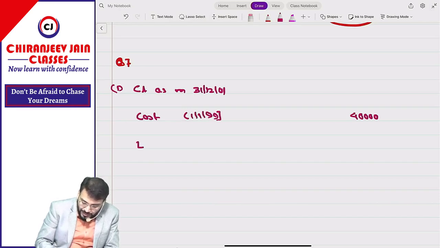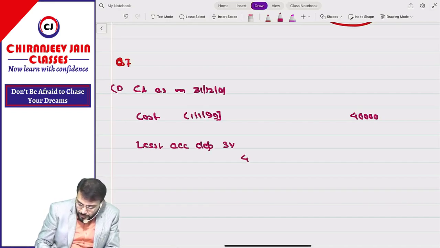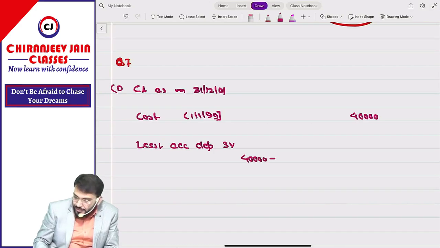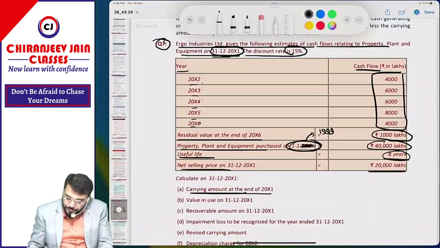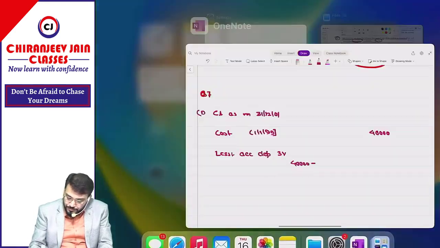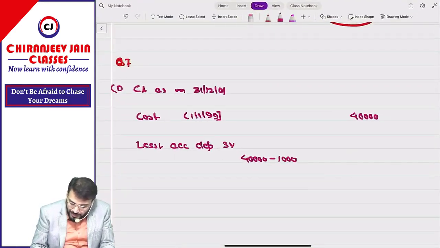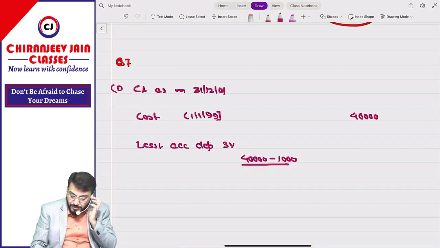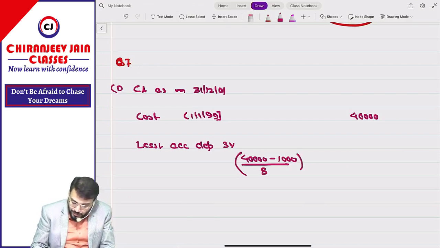So we'll calculate depreciation for how many years? Accumulated depreciation for 3 years. So it is 40,000 minus what? What is the residual value given? 1000 lakh. So minus 1000 lakh, divided by 8, into 3.